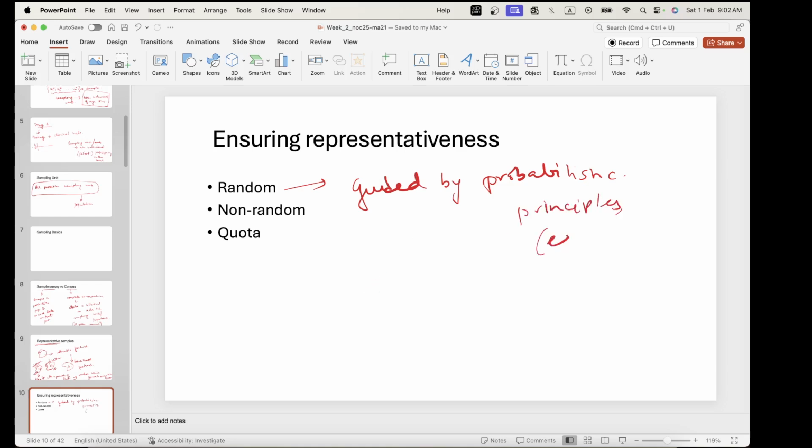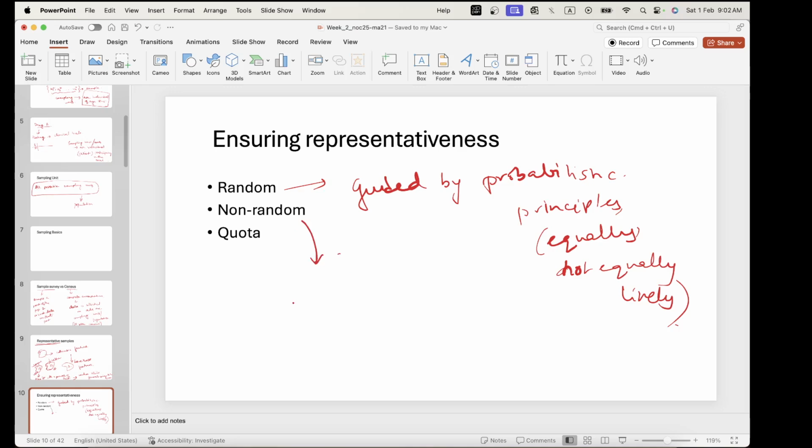It could be equally likely or not equally likely, but there would be some probability principles which would guide how to select.